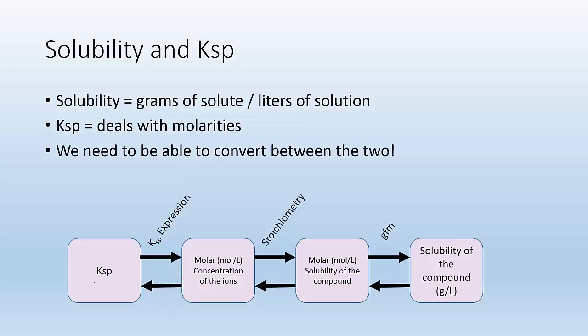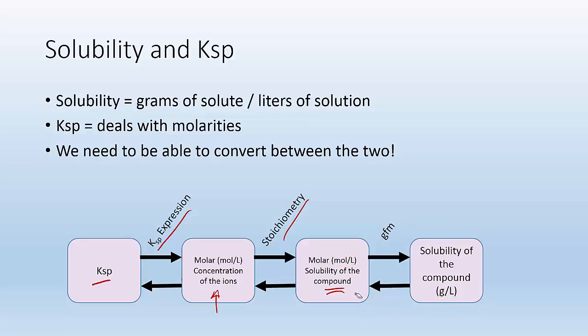So if I was given KSP, how do I get to grams per liter? Well, first, I can use the KSP expression to figure out the molar concentration of the ions, right? And then I can use some stoichiometry to tell me the molar solubility of the compound. Once I have the molar solubility, moles per liter, now I just got to convert moles to grams by using the GFM. All right?